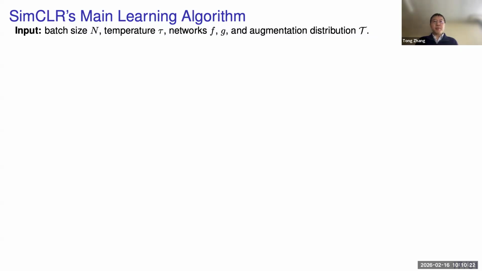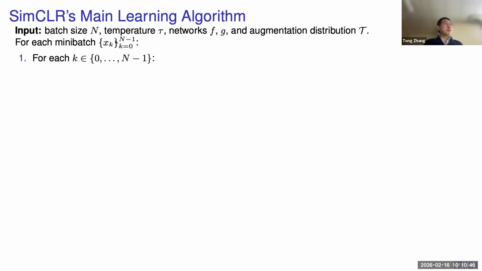Okay, so here's the algorithm. Putting everything together, once you define the set of augmentations, then what you can do is the following. Input, an image; we just look at one batch at a time. You have a temperature, you have a network, you have an augmentation operator.